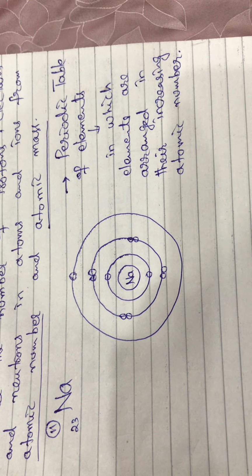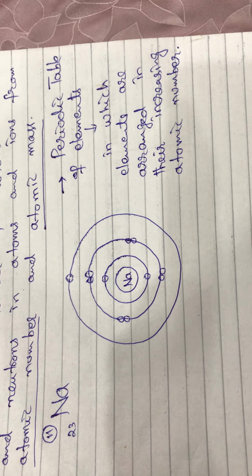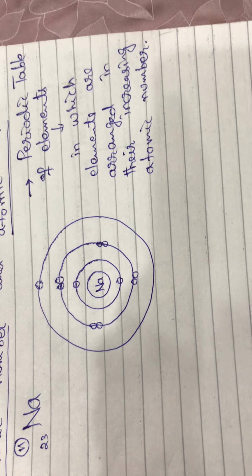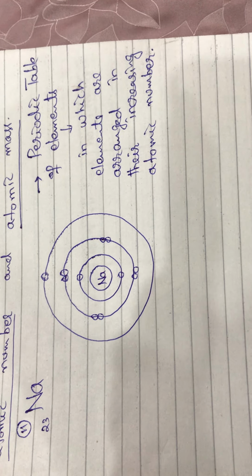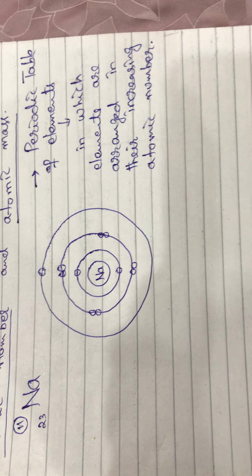It means firstly we have the atomic number 1 element, then secondly the atomic number 2 element, then third, fourth, fifth, sixth, seventh, and so on, because atomic number is a unique property that no other element has.